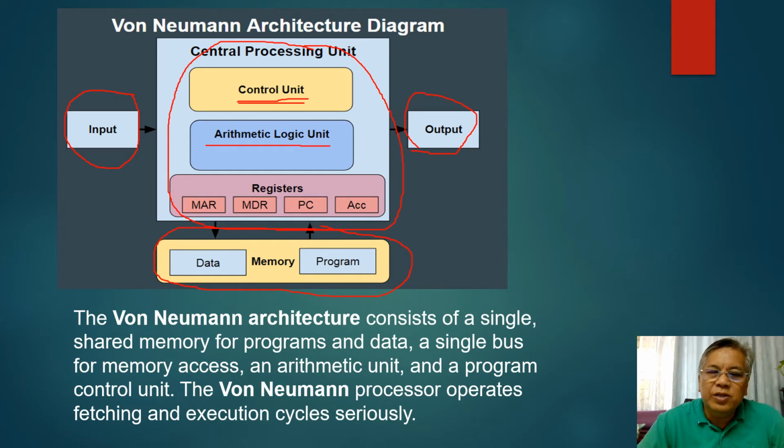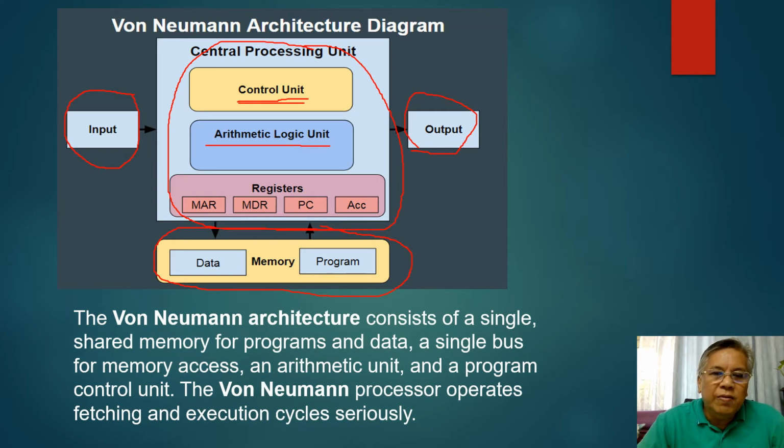In other words, the control unit controls the transmission of data from one area of your computer to another. Then we have the arithmetic logic unit, or ALU. This is the one that performs logical and arithmetic operations, for example, addition, subtraction, and so on.